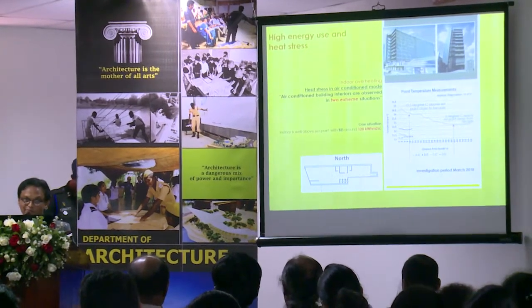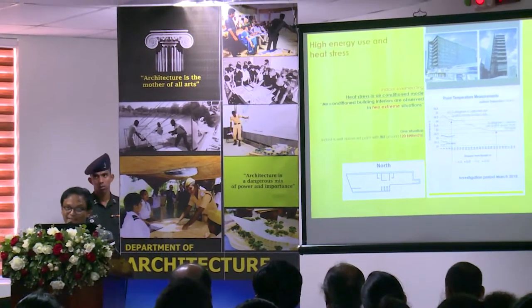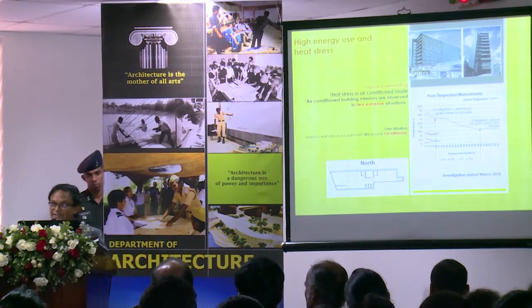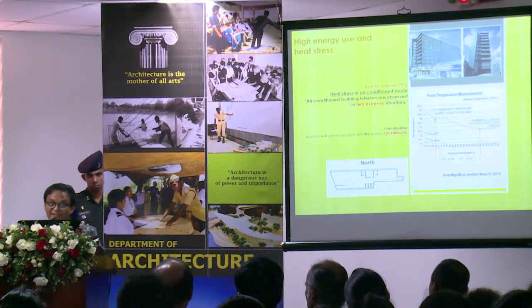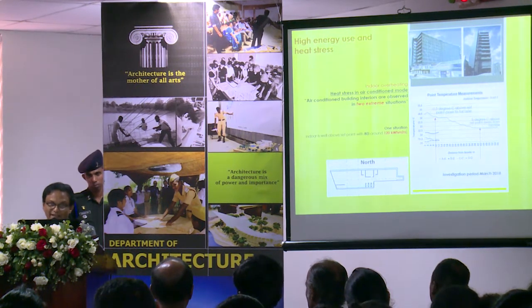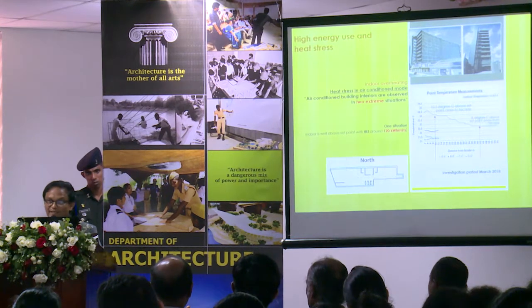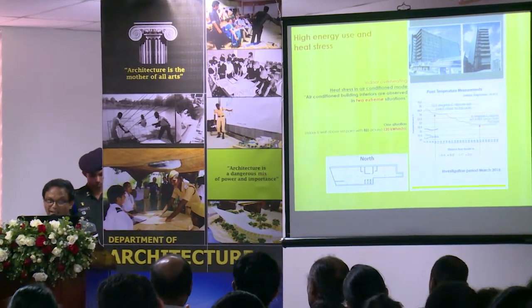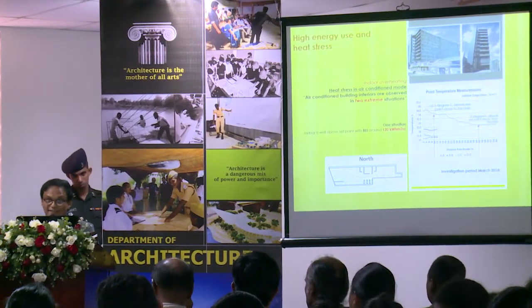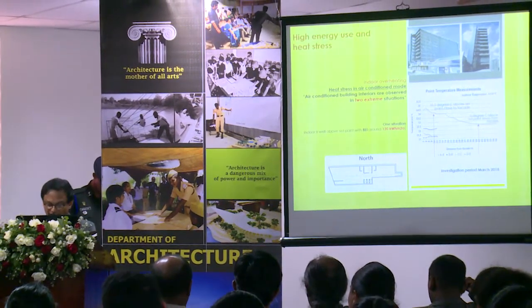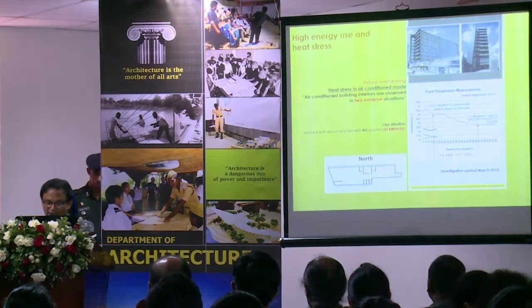All these buildings are luxurious and air conditioned, and the internal temperatures move 10 or more degrees above the set point temperature. The building interior is struggling to maintain its set point temperature of 24 degrees, and there is a heat stress on the air conditioning system. The heat stress is coming from outside. And this is one scenario.